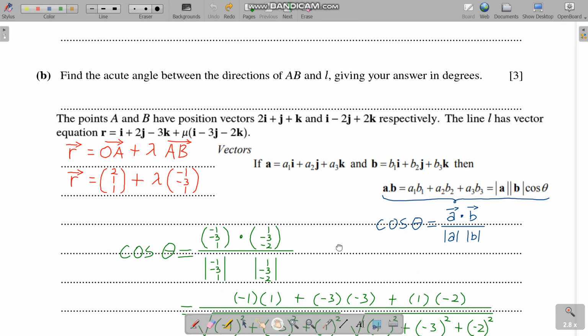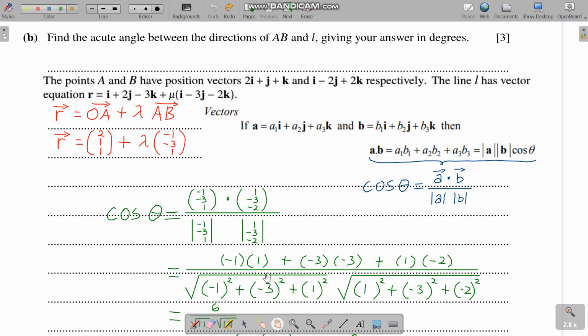Now, the acute angle between AB and L. Previously we know this is the line vector equation for the line through AB, and the direction of L from this is (1, 3, minus 2). This is the direction vector. So to find the angle, we use the dot product formula in the MF19.